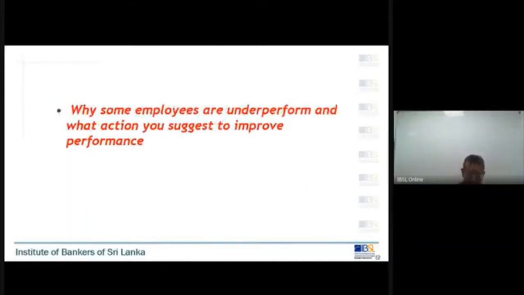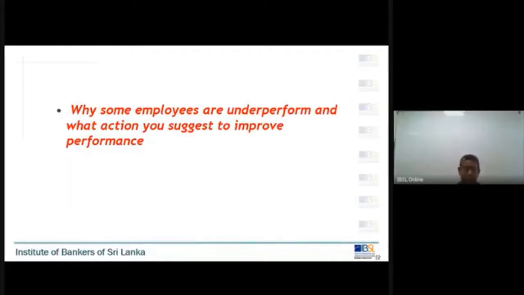Next point, another question. Why are some employees underperforming and what action do you suggest to improve the performance? Say now you are promoted as a manager. You see some branches, some employees are not fully performing.